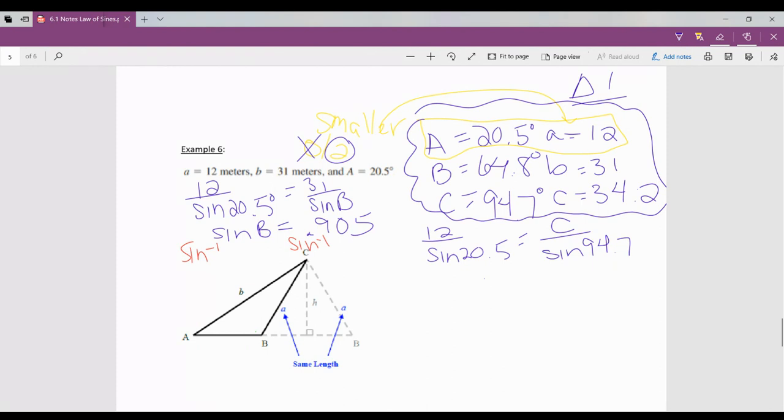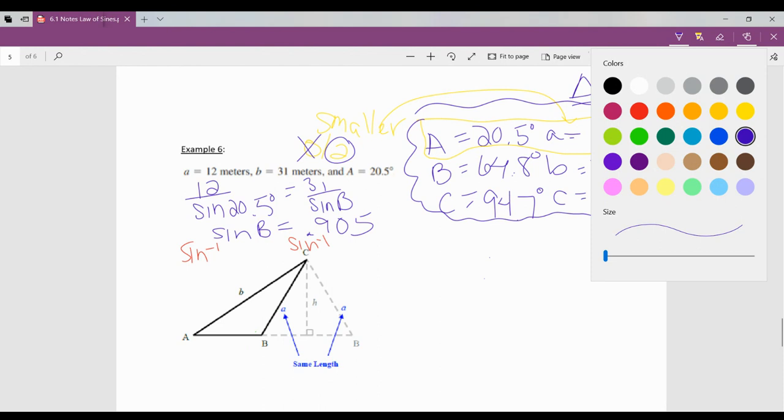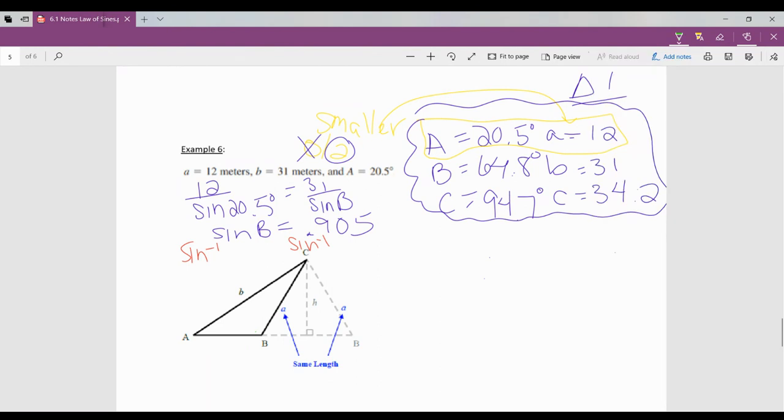Now I have to find triangle 2. Let me just give myself a little bit of space and room to do that. Okay, so first thing, there are two triangles. Let me change my color here. We've got angle A is 20.5, angle B is 64.8, and angle C is 94.7.